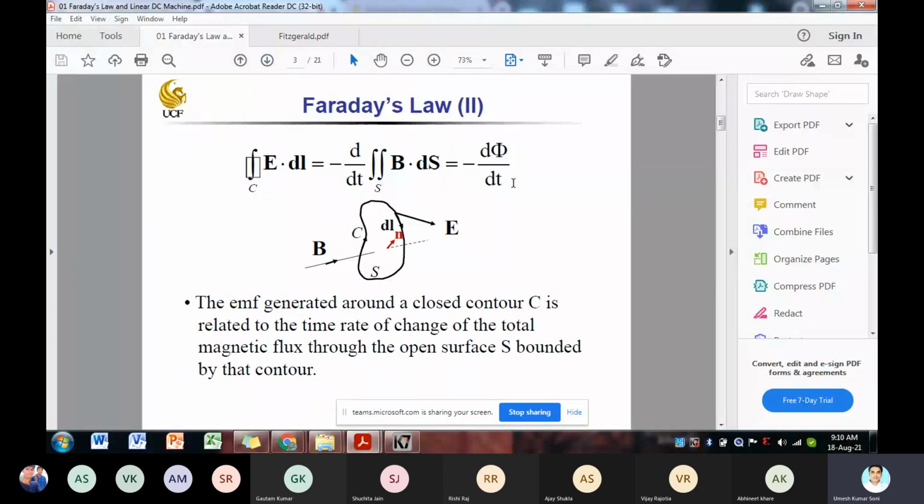You can see the minus represents Lenz's law, and the double integral of B dot dS represents the total flux over the surface. So the derivative of the total flux over the surface is equal to the induced EMF.